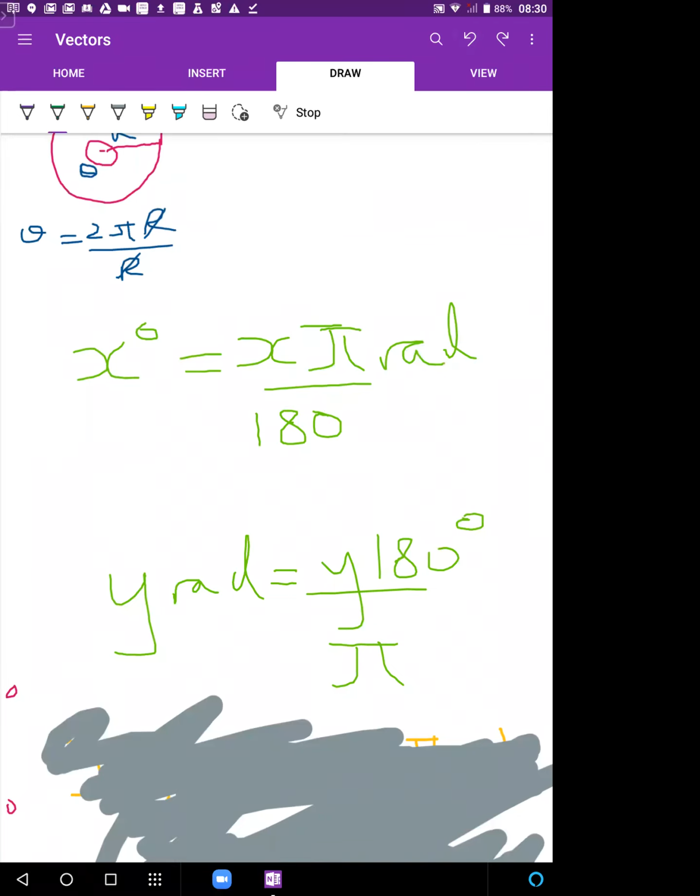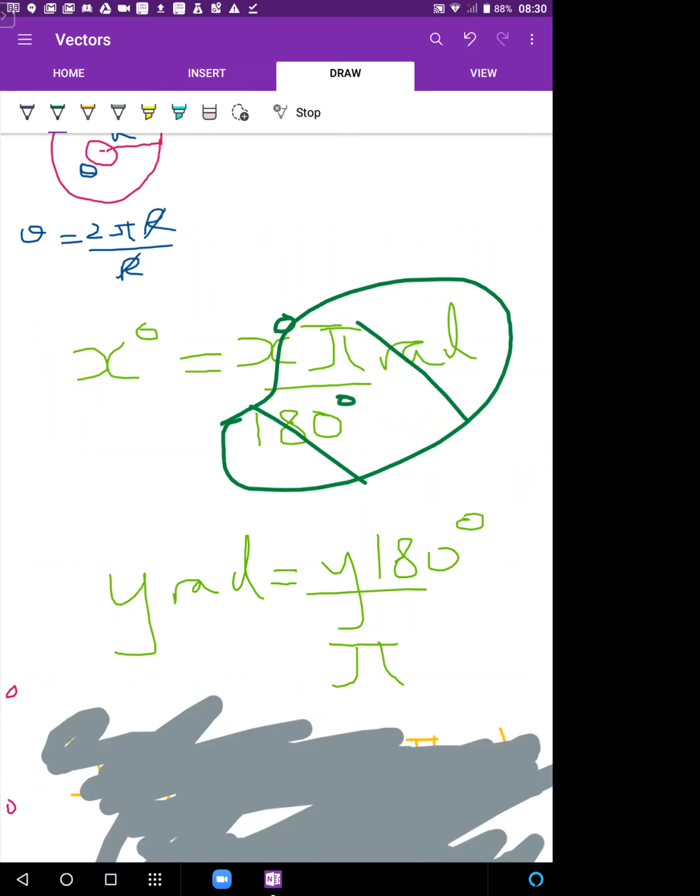ठीक है, लॉजिक क्या था. लॉजिक था we multiplied and divided with the same number, not so that we can cancel again and go back to the question. We multiplied and divided by the same number because we are allowed to do that first and foremost, and we intentionally put degrees down. Okay, I'm multiplying and dividing x degrees by the same number. Pi radians is up, 180 degrees is down.